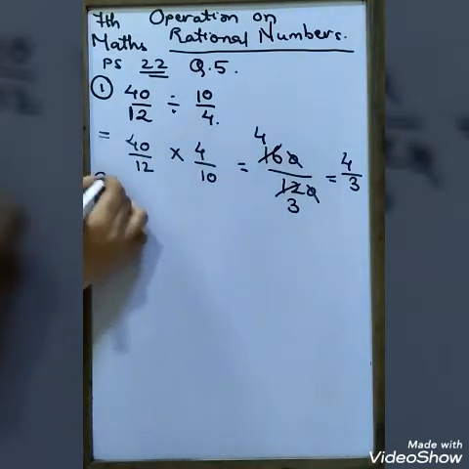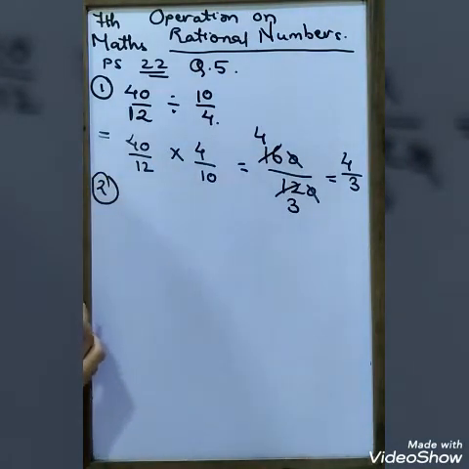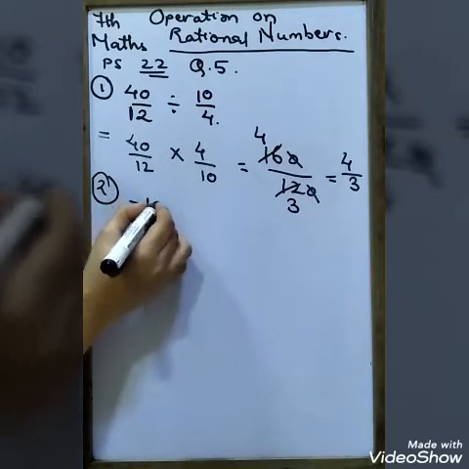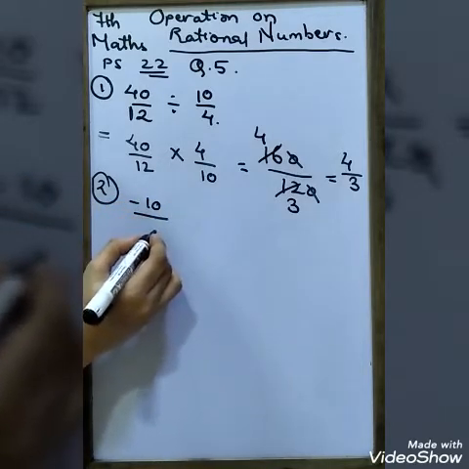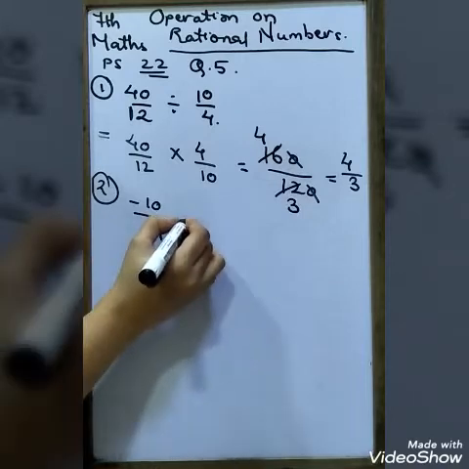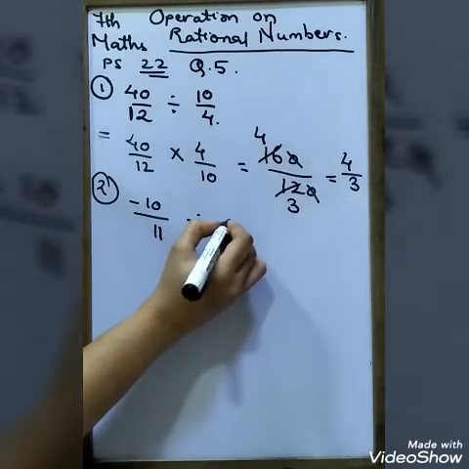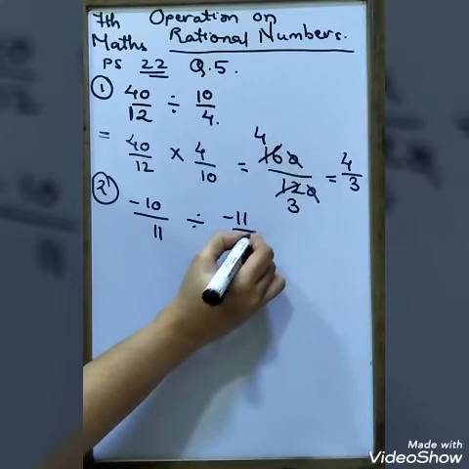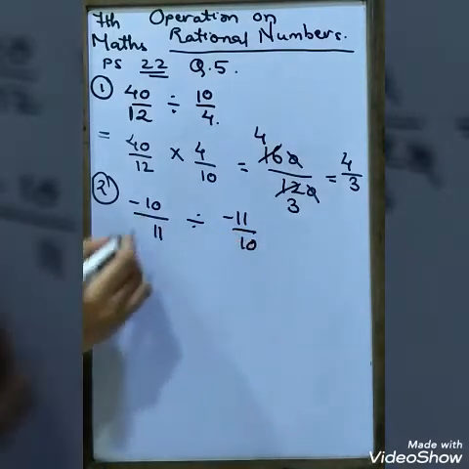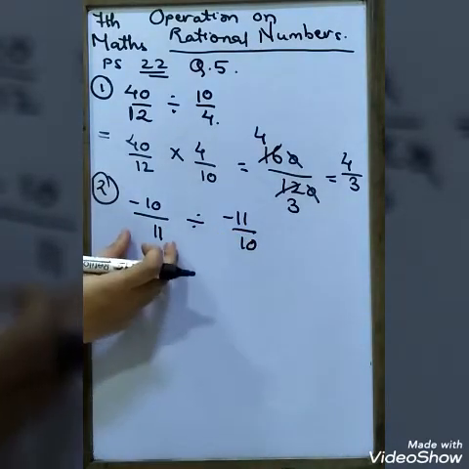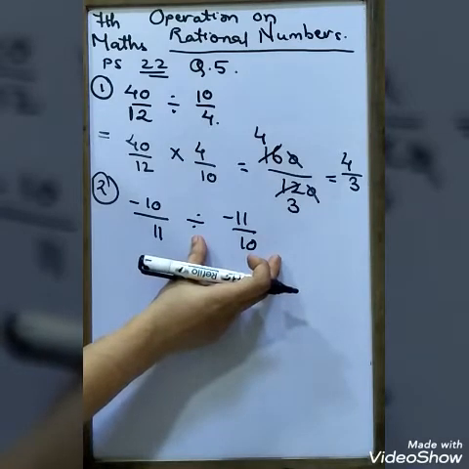Now the second question we are going to solve. Minus 10 upon 11 divided by minus 11 upon 10. Again we are supposed to take the multiplicative inverse of the second one.